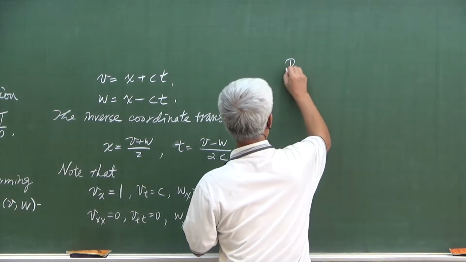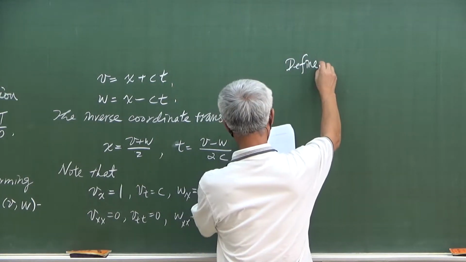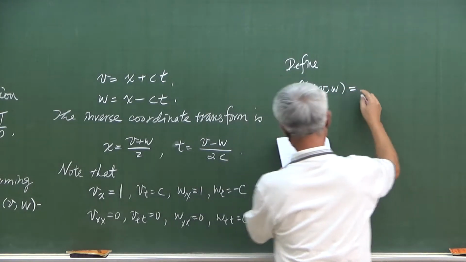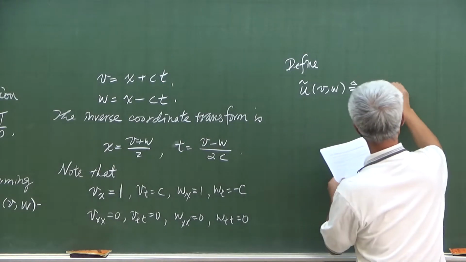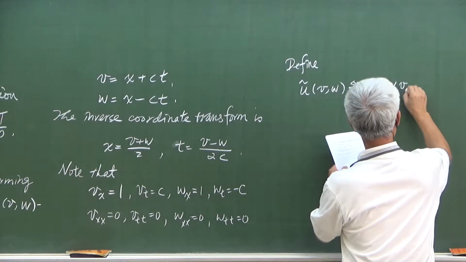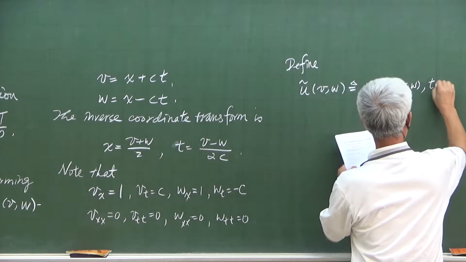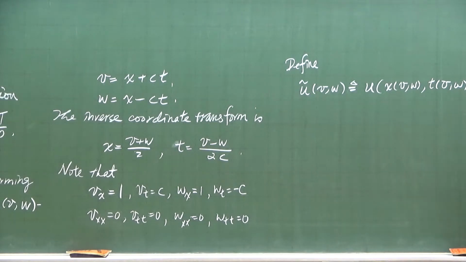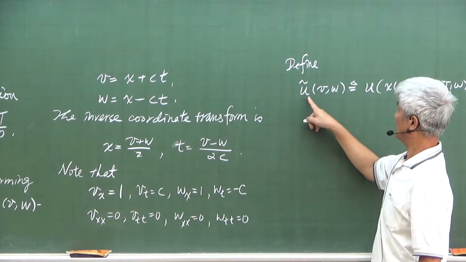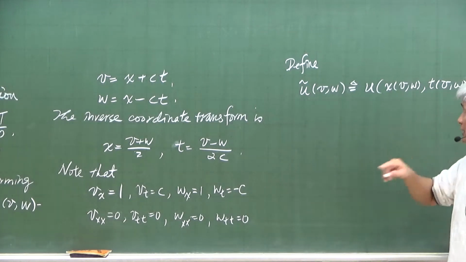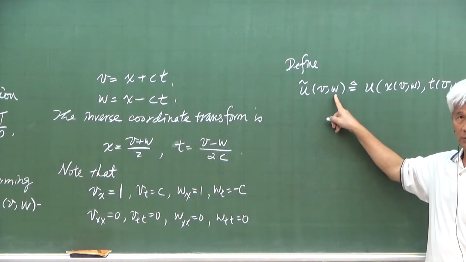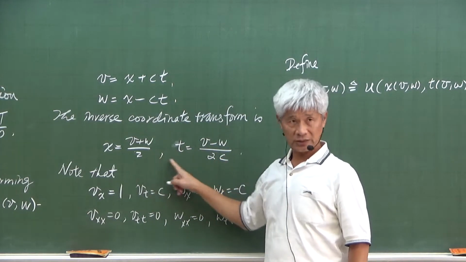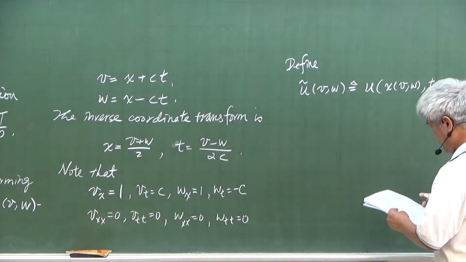Okay, now we have the coordinate transformation, right? So define u tilde of v, w equal to the original u, but we take the coordinate transformation. So we define the new function u tilde, and the independent variables become v and w, because x and t can be expressed by v and w.